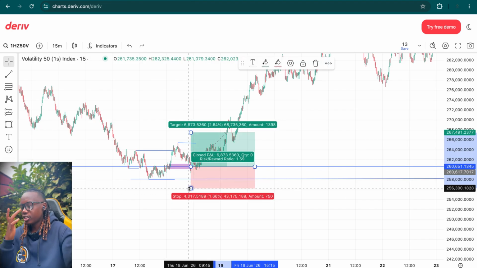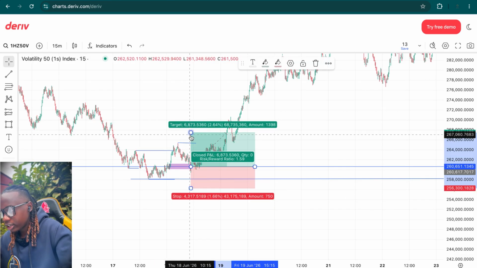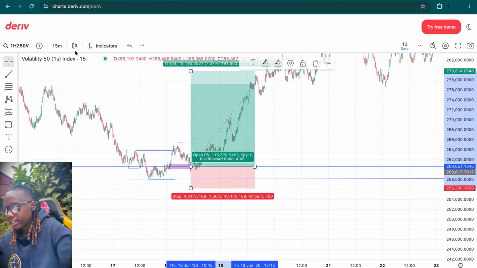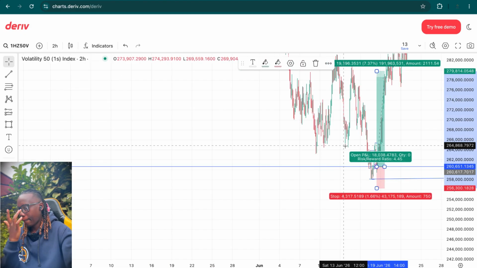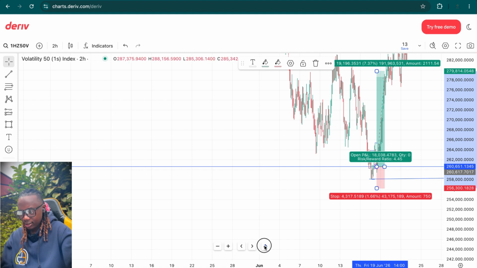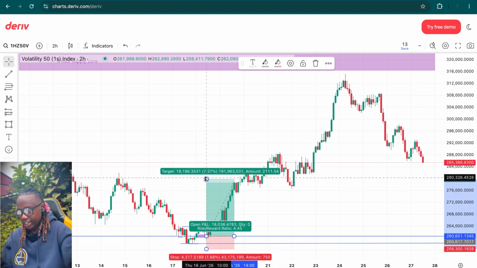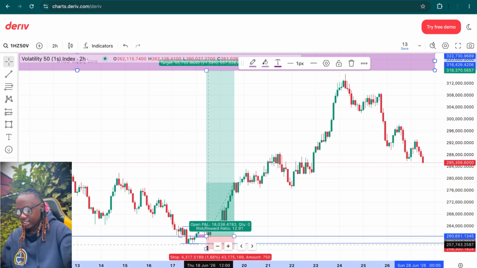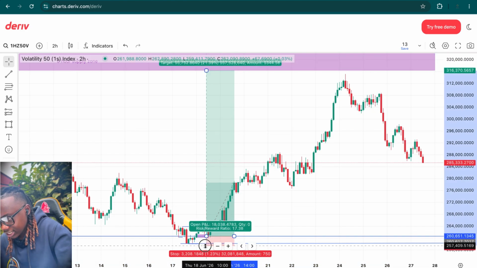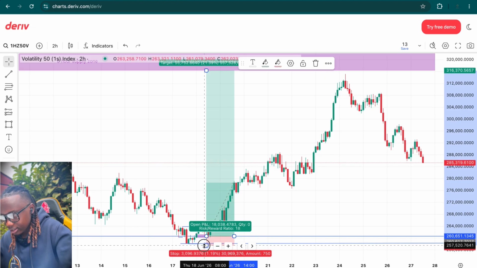I placed my stop loss just below the low, and my take profit was targeting my 8 hours supply zone. So I was targeting this zone somewhere there. So you can see that this trade and my stop loss was just below the low somewhere there.